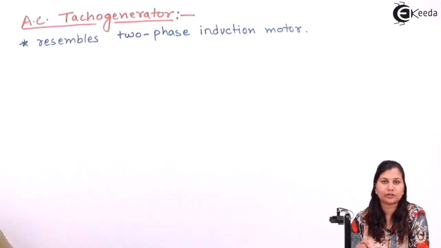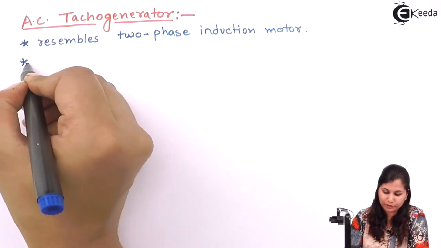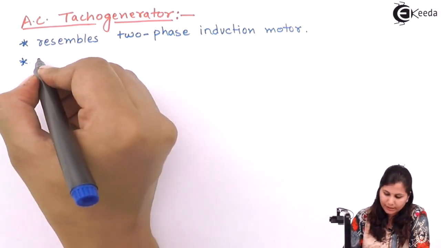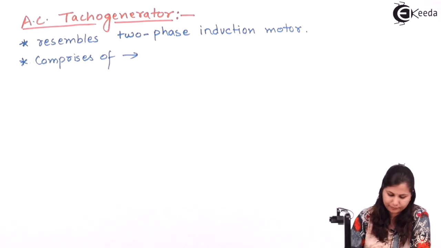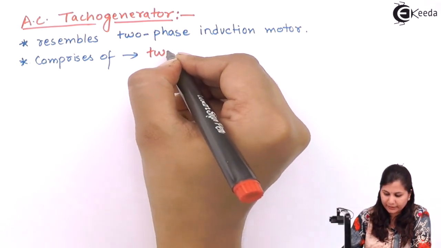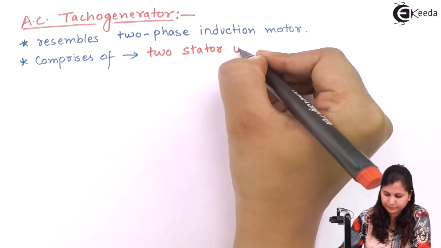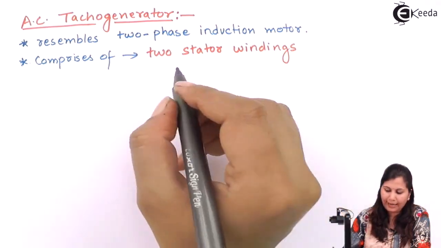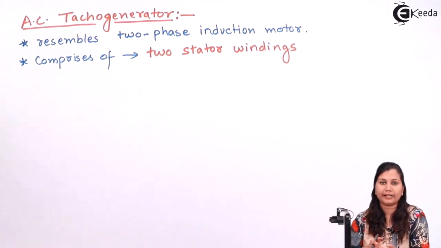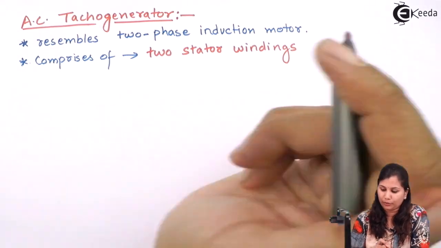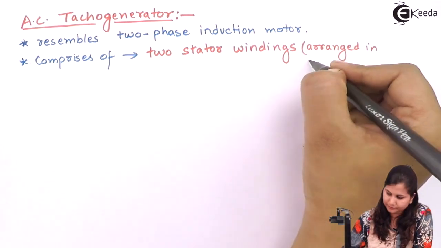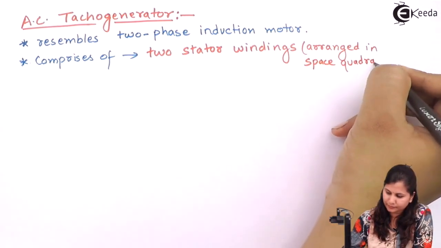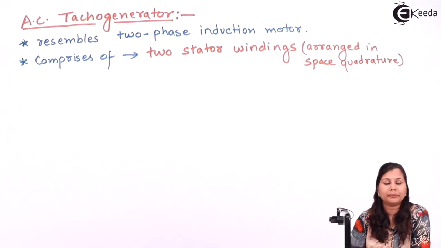Now let's see the construction or the parts of this tacho generator. This tacho generator comprises two stator windings, and these stator windings are arranged in space quadrature. Quadrature means at a 90 degree angle with each other.